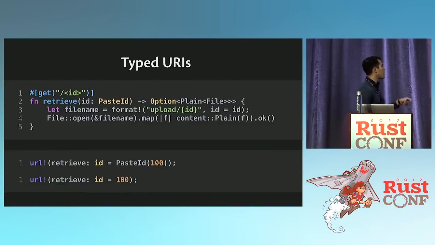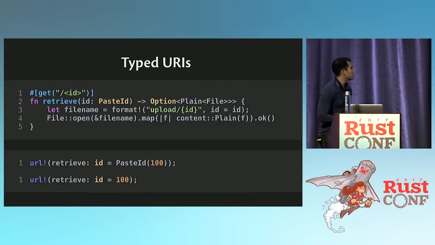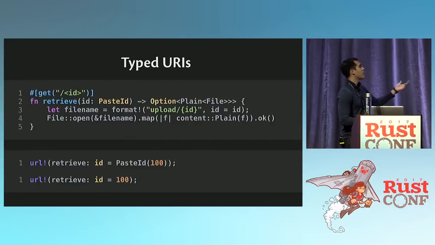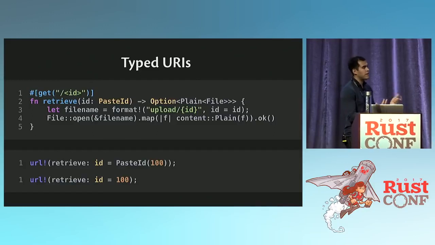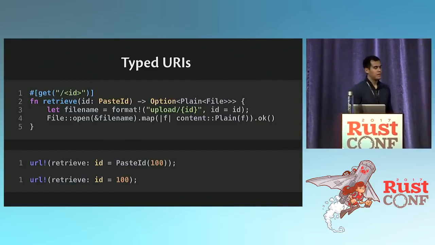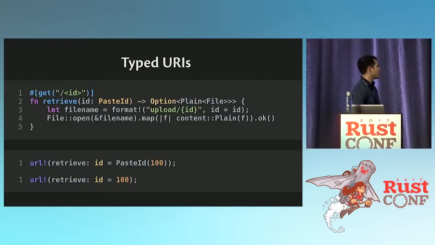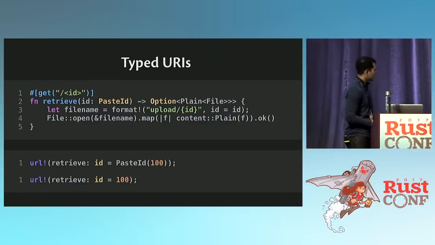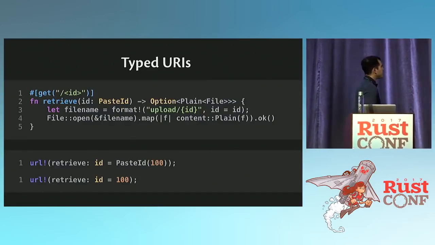So for instance, I can call uri! for the retrieve route and specify that the ID is a PasteID of 100. Or we'll actually call into for you automatically, so you can just give anything that implements Into for your type. In this case, assume usize or whatever, u32, implemented Into for PasteID. Then we could just write the thing at the bottom.